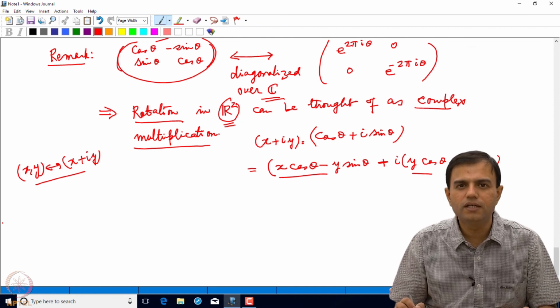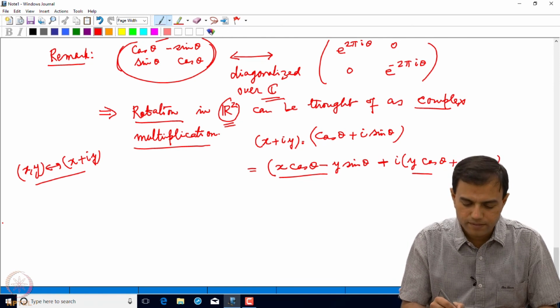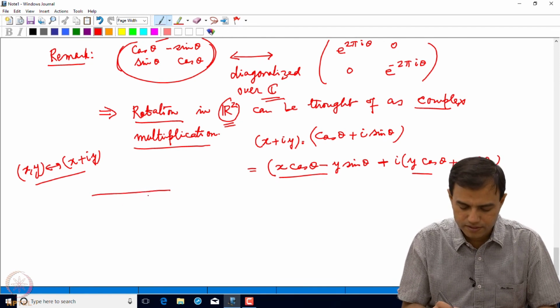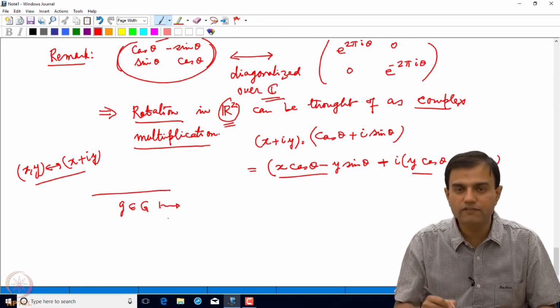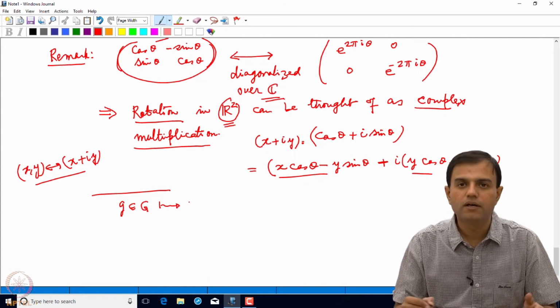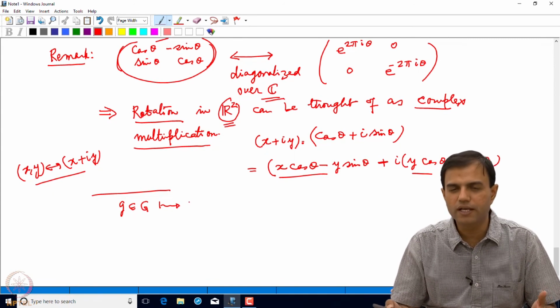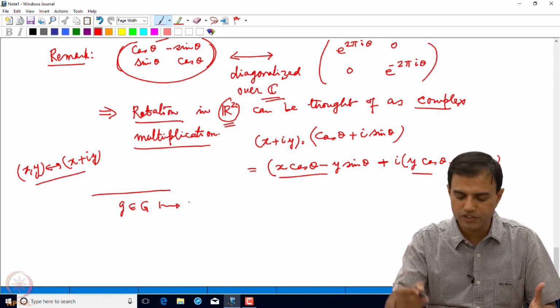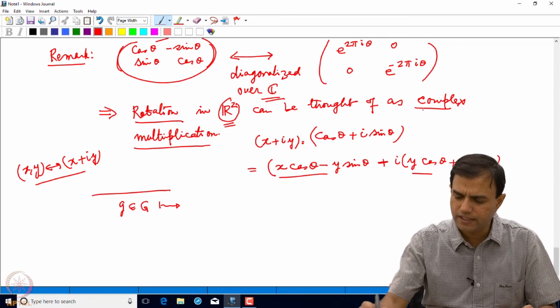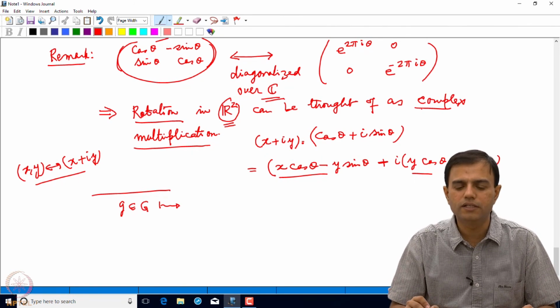So what we have seen today is that abstract elements in a group can be thought of as matrices, as permutations. They are useful in other things like rotations, and there is a connection with complex multiplication.